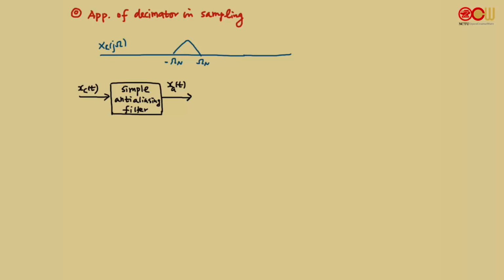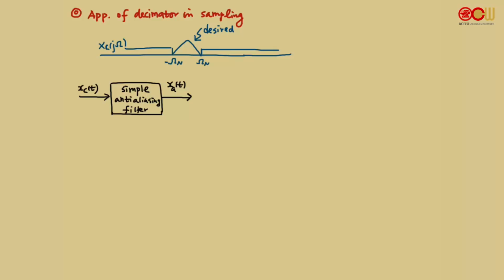Suppose our X c contains some desired signal. The desired signal has cutoff frequency around omega n, and this is the desired signal. But it also contains some unwanted noise, and the unwanted noise is high-pass noise.